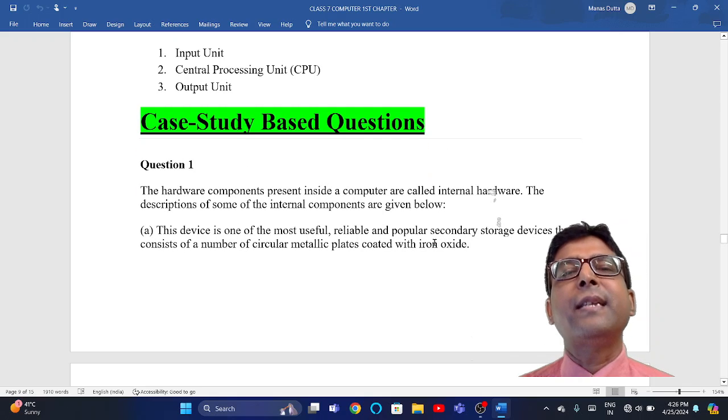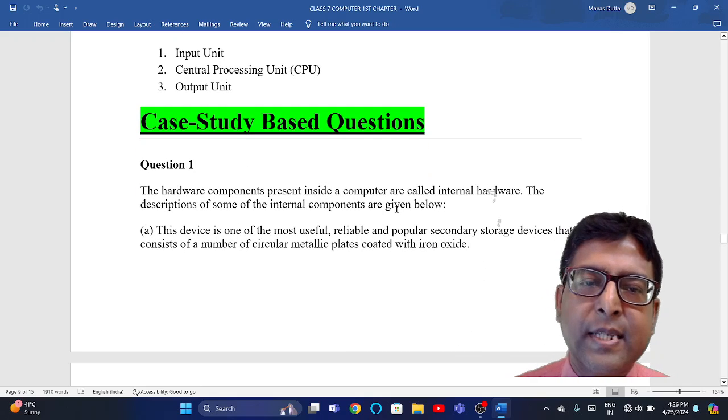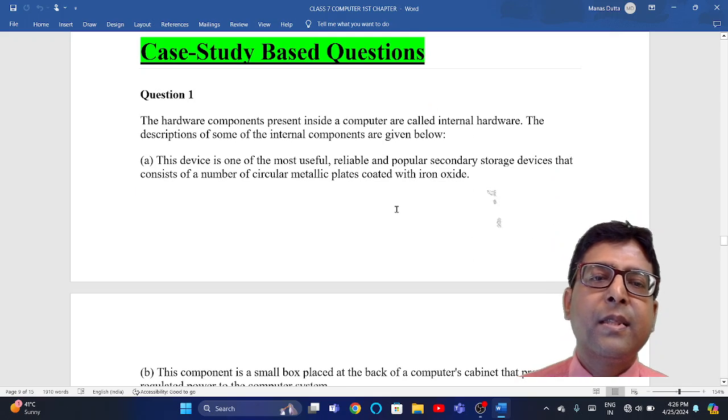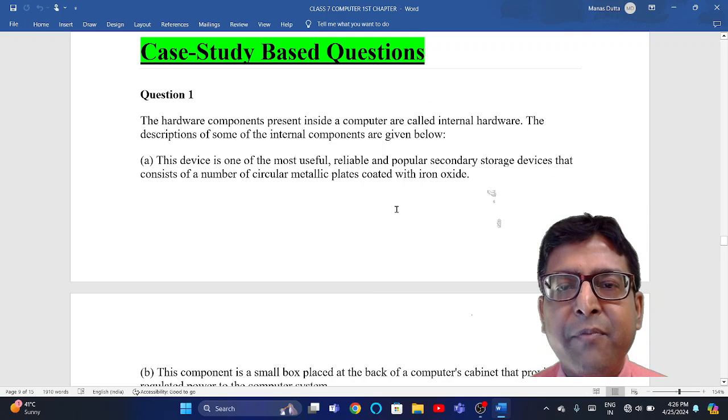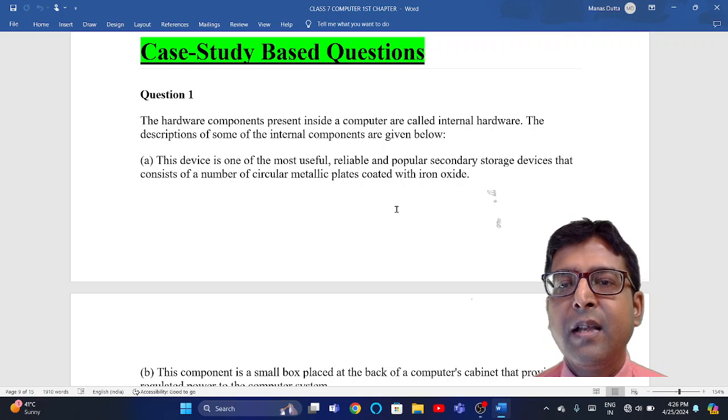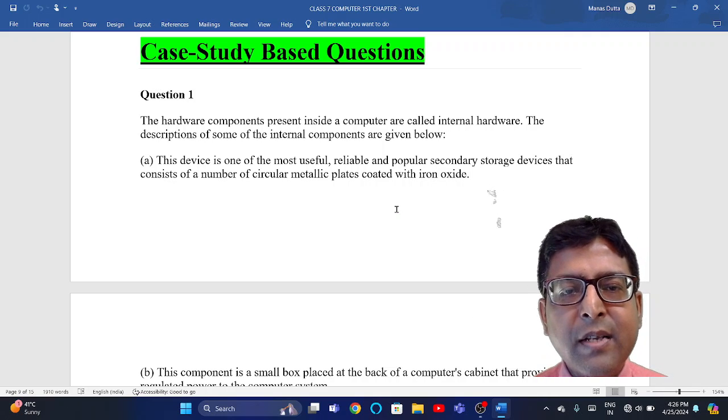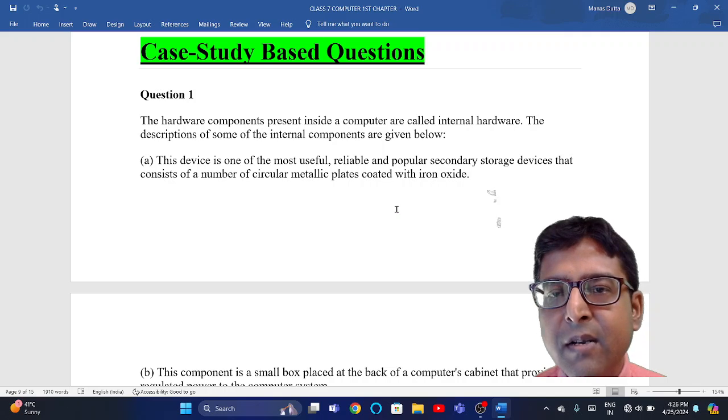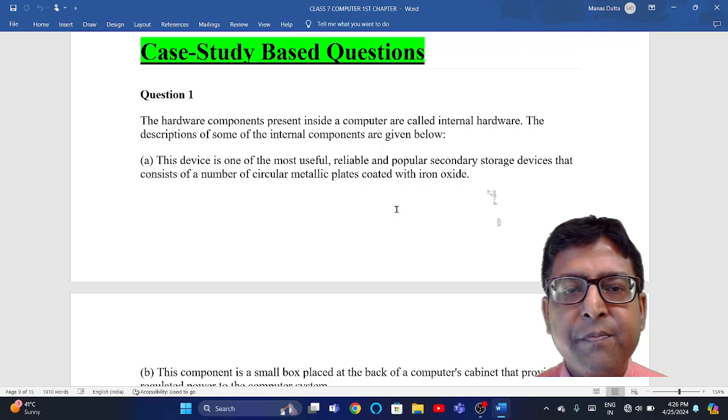Here are some case study based questions. Question 1, the hardware components present inside a computer are called internal hardware. The descriptions of some of the internal components are given below.